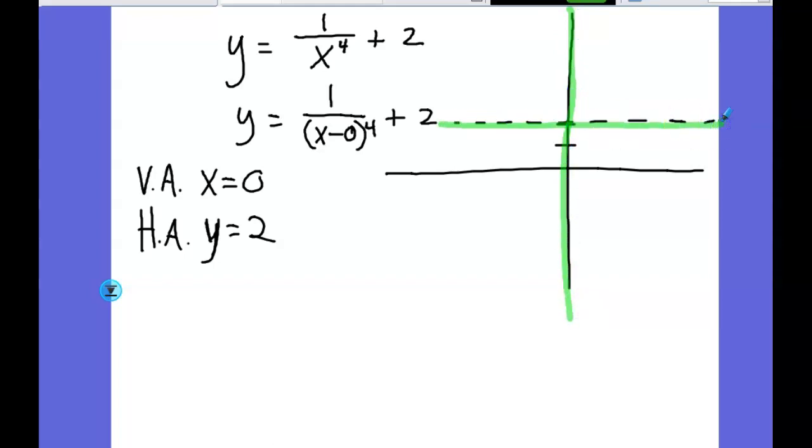But there's my asymptotes, x equals 0 and y equals 2. Now I want you guys to go ahead and take one and see if you can figure out the shape and put it on there. So since we have a positive a value and an even power, it would look like this. And there's our graph.